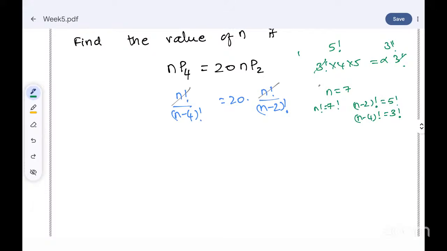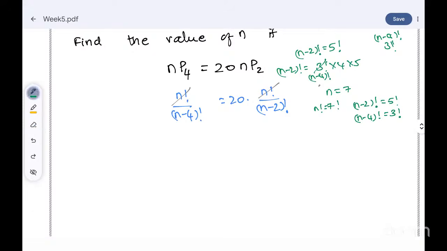This is your (n minus 2) factorial, and this is your (n minus 4) factorial. How do you write (n minus 2) factorial in terms of (n minus 4) factorial? You can write it as (n minus 2) into (n minus 3) into (n minus 4) factorial.